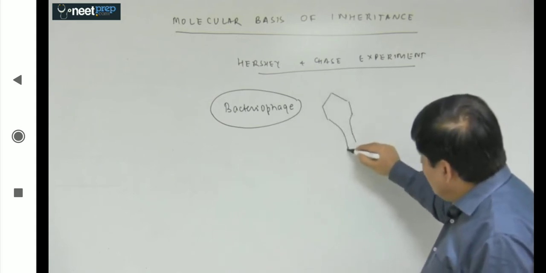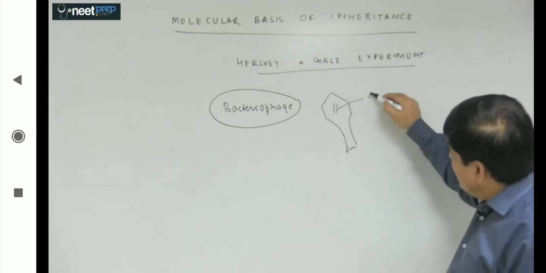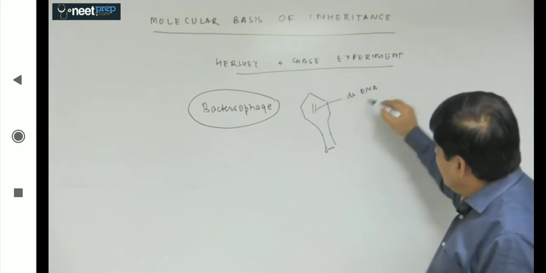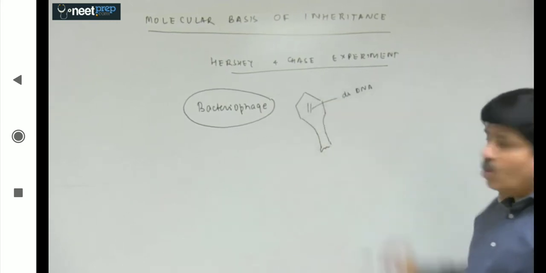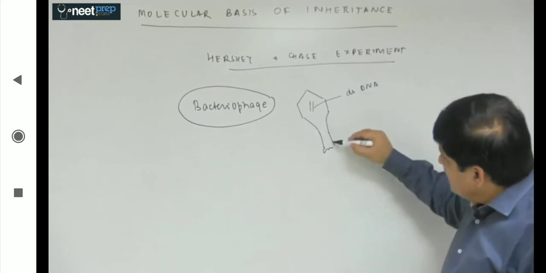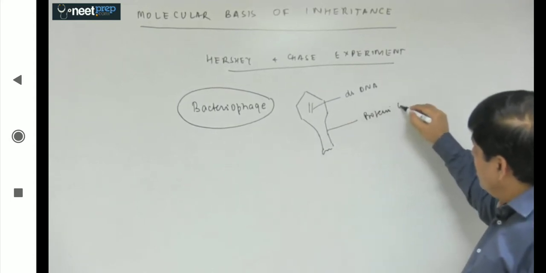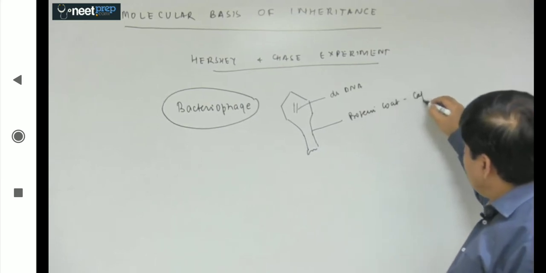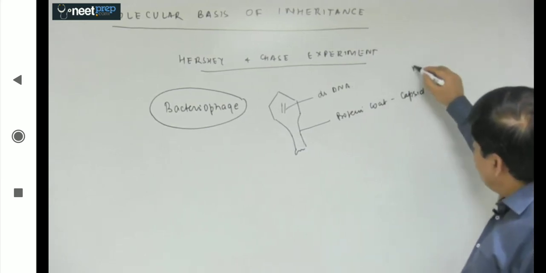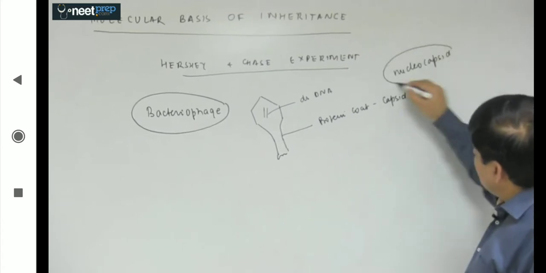So we are looking at a particle that has double-stranded DNA as the genetic material in what is called the core region of its structure. It is surrounded by a protein coat, and this protein coat is called the capsid, and I am calling the virus a nucleocapsid. I hope the terms are absolutely clear.